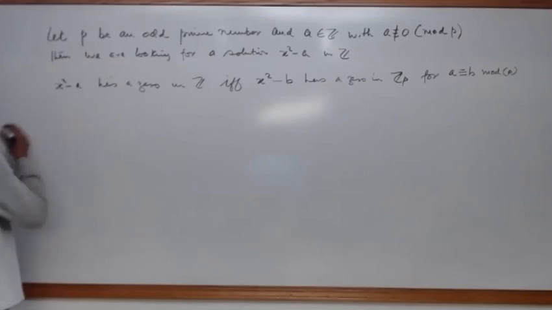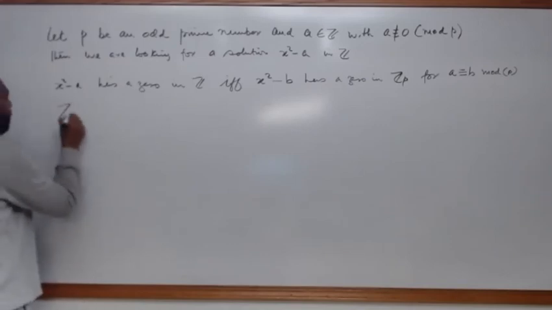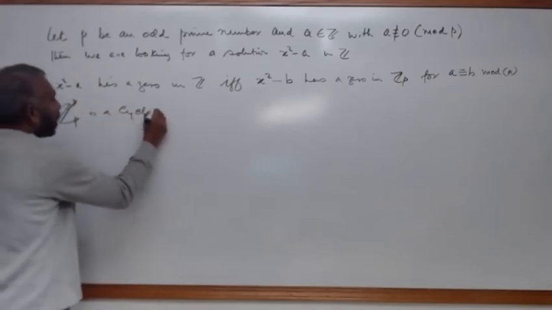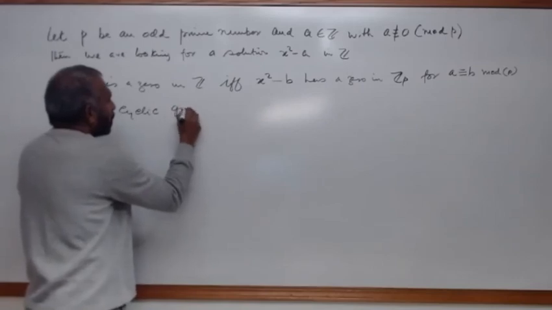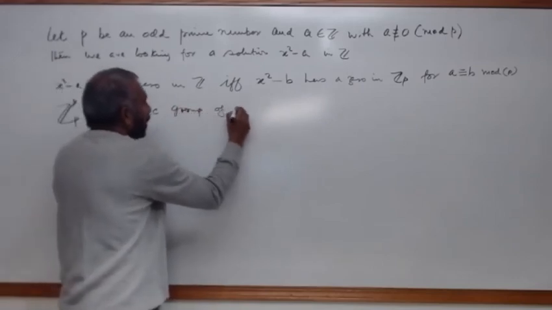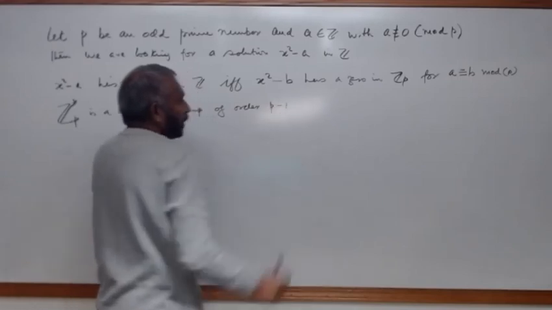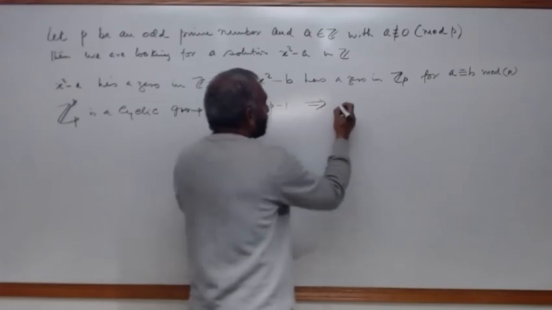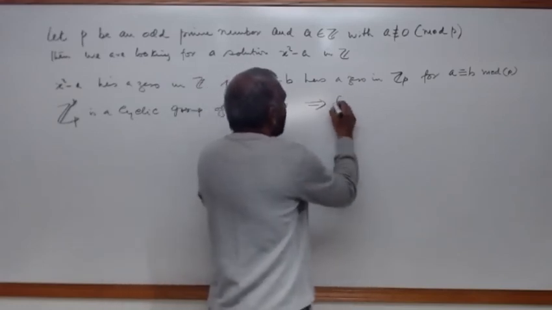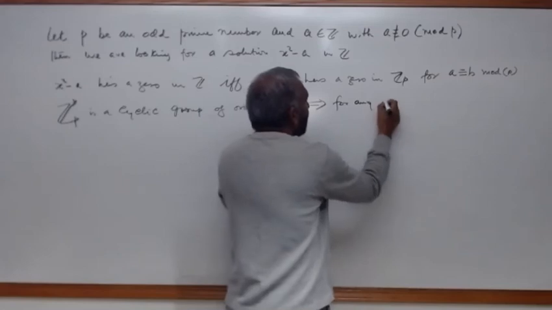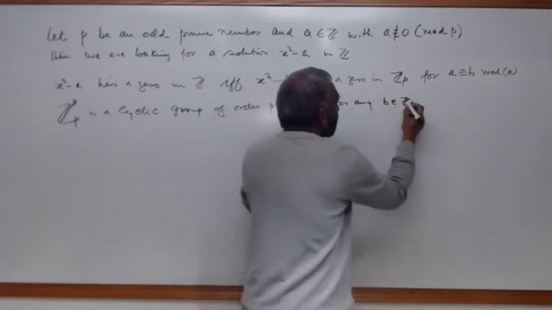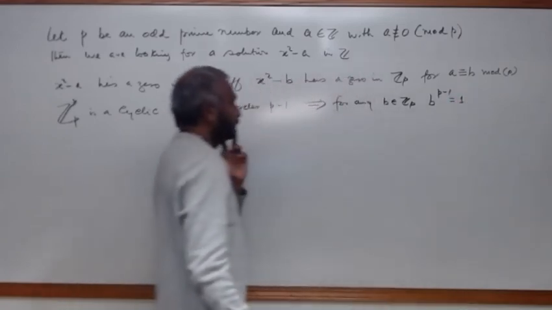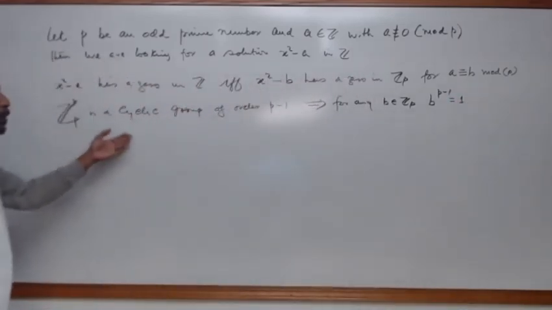Now, ZP star is a cyclic group of order P minus 1. And that implies for any B belongs to ZP, B to the power of P minus 1 is equal to 1. Because it's a cyclic group of order P minus 1.